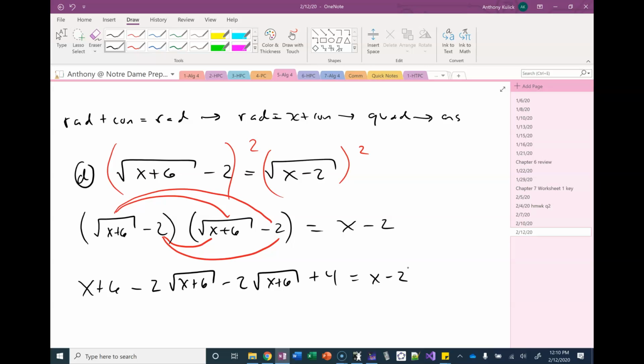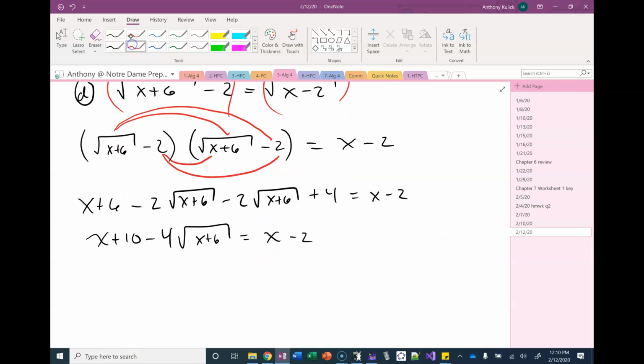Okay, what should I do next? Combine the like terms, great. So what can I combine? Okay, the 6 and 4 give me a 10, and then the two radicals give me minus 4 root x plus 6. Cool. Now what?